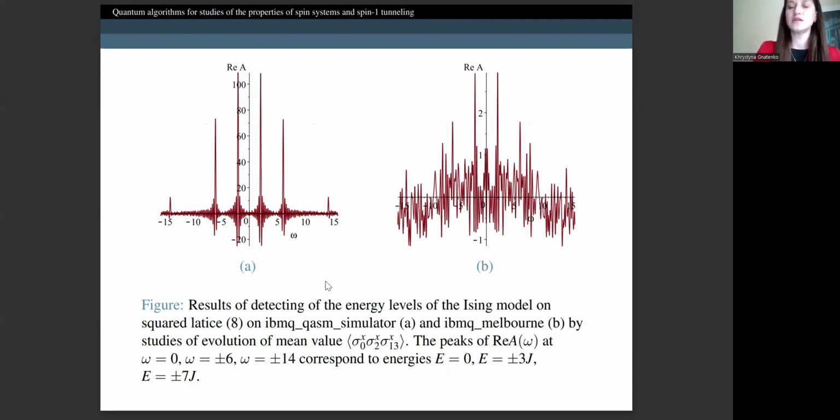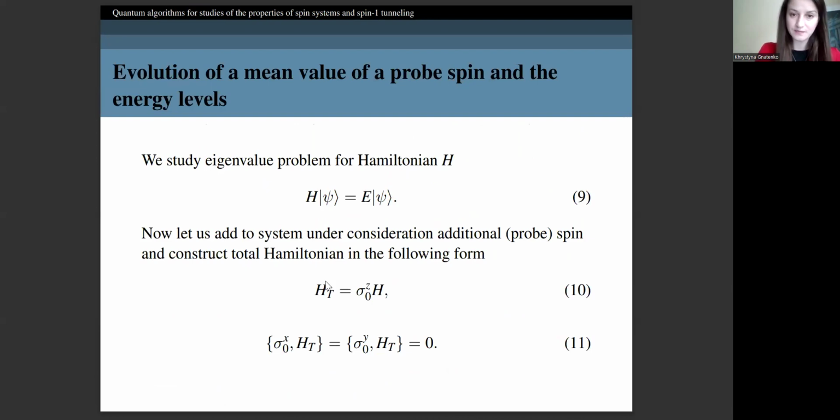Also, what we have done is that we generalize this method to the case when the operator which anti-commutes with the Hamiltonian does not exist. So in this case, we propose to construct the total Hamiltonian. We construct this Hamiltonian in a very simple way.